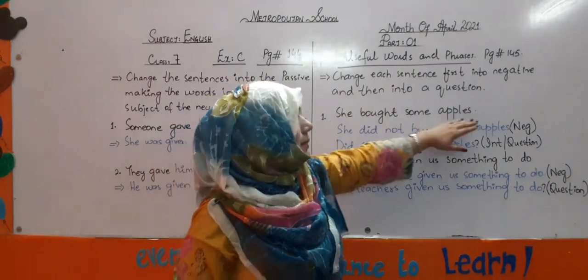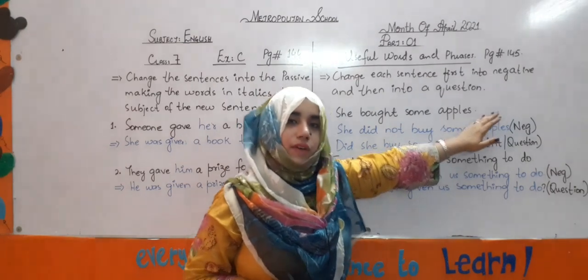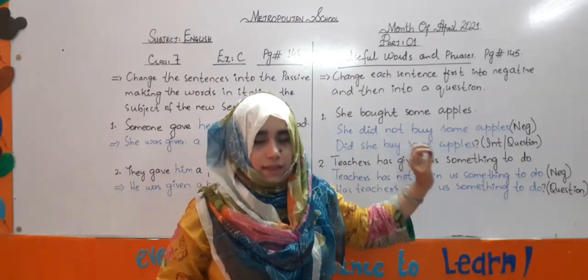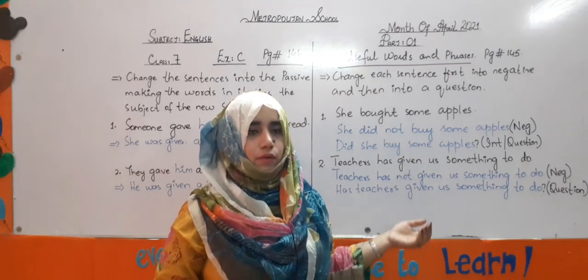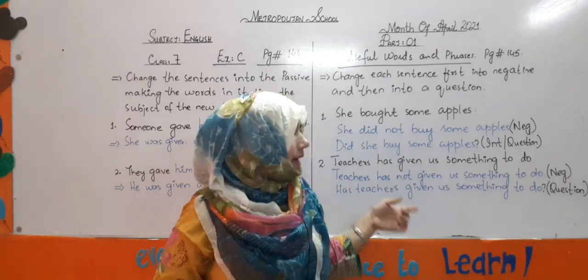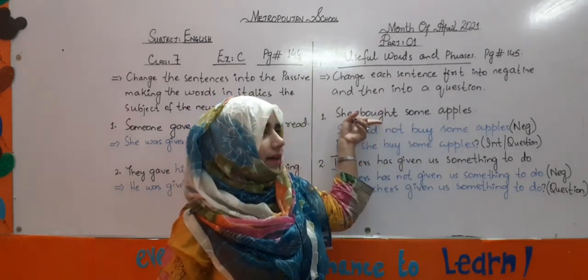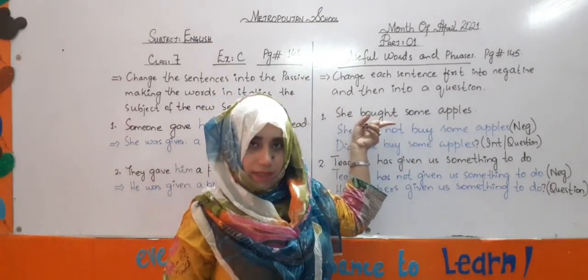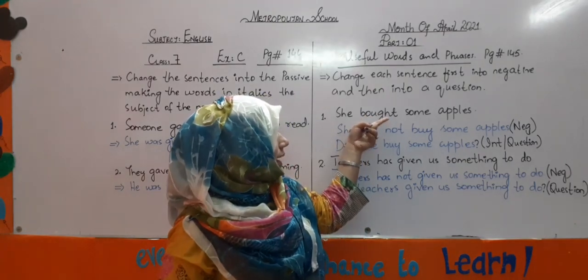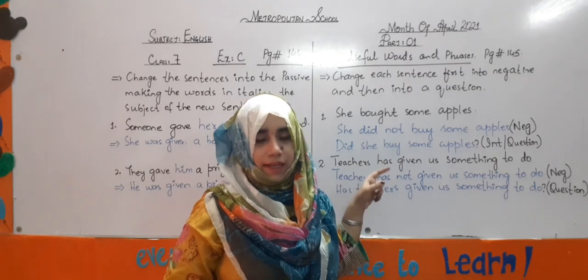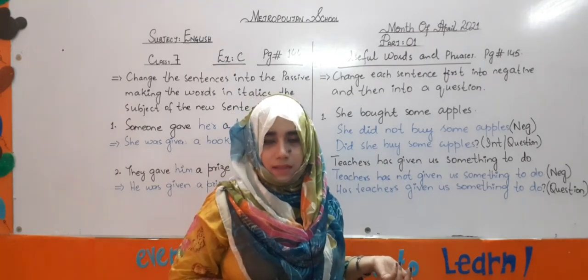She bought some apples. What we'll have to do first over here is recognize the tense, which tense this is, so that we can easily use the helping verbs with that, right? We have seen that "bought" is not the first form, it is the second form of the verb. So this tense belongs to the past simple tense. And what is the helping verb of the past simple tense?